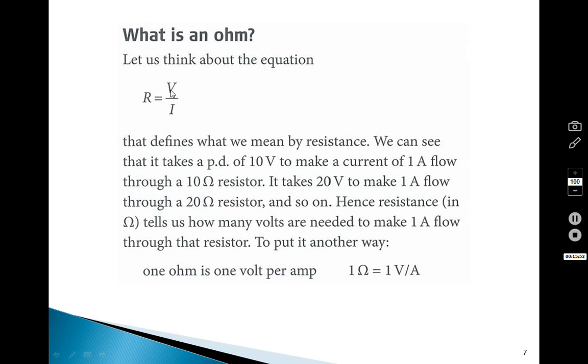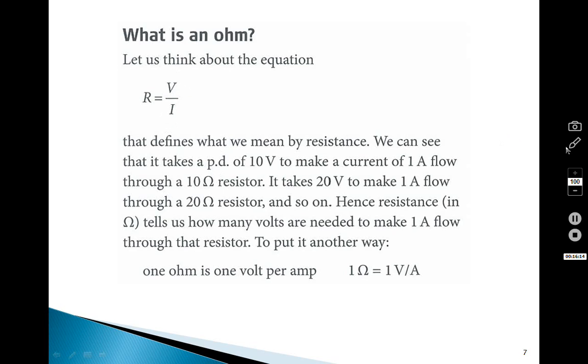To answer this, we need to study the relation between V, I and R. This equation defines what we mean by resistance.